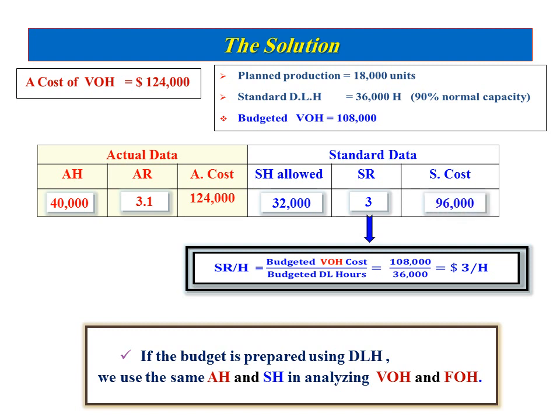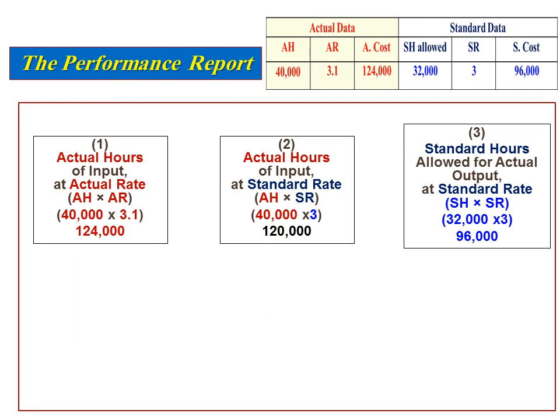My requirement here after preparing this table is to prepare performance report. Again, performance report. Do you remember performance report? I can prepare performance report for direct material, for direct labor, and here for variable overhead. I need what? This is my table. I need actual here 40 times 3.1 will equal 124.